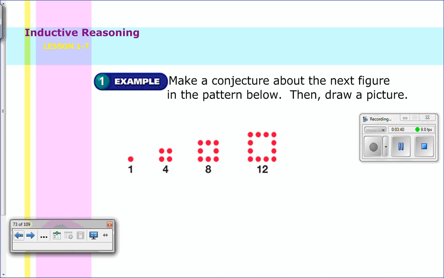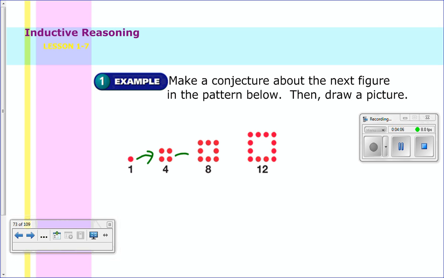All right, so we have this next example, and it says make a conjecture about the next figure in the pattern below. So we have to make a conclusion, and then draw a picture. So really, they want us to write something again, and then draw a picture. Now, if you take a look here, we go from 1 red dot to 4 to 8 to 12.